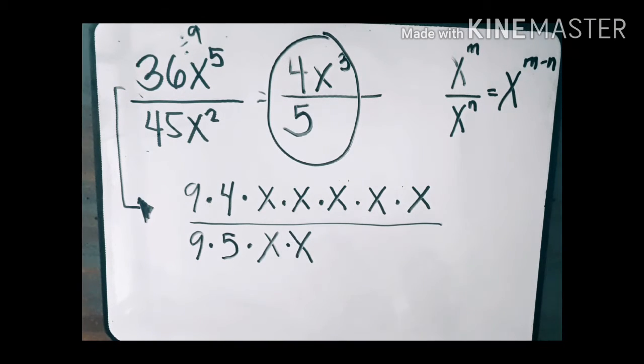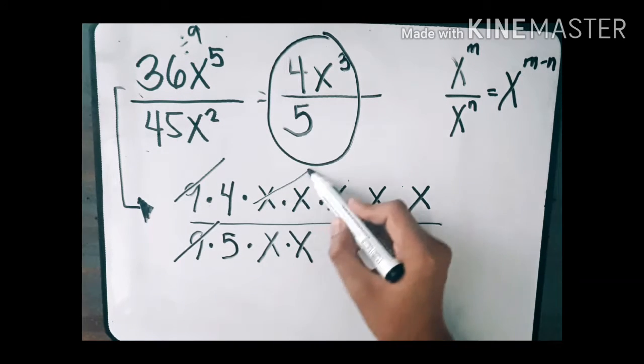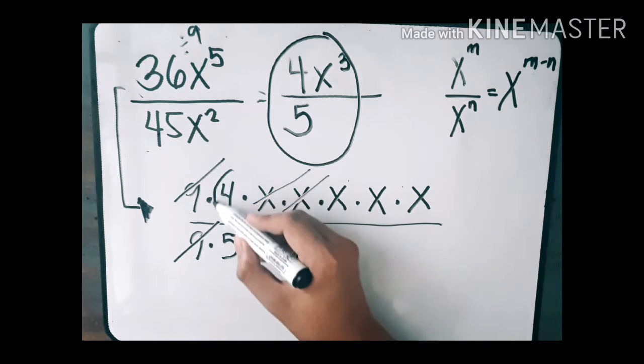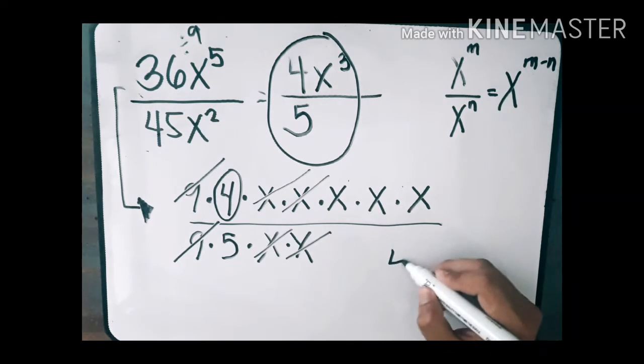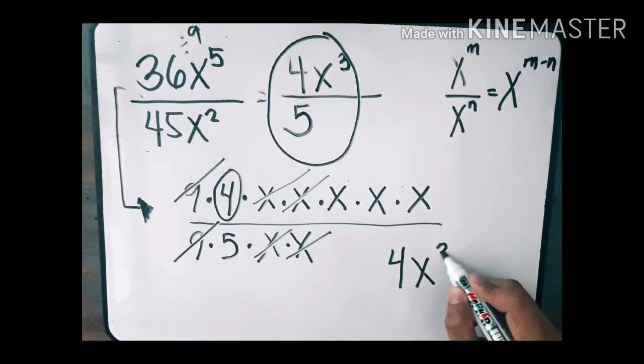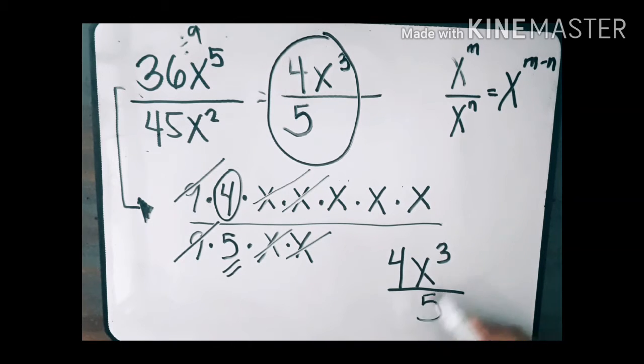So, cancel out lang natin. Ang matitira is 4 and then tatlong x over yung 5. Okay?